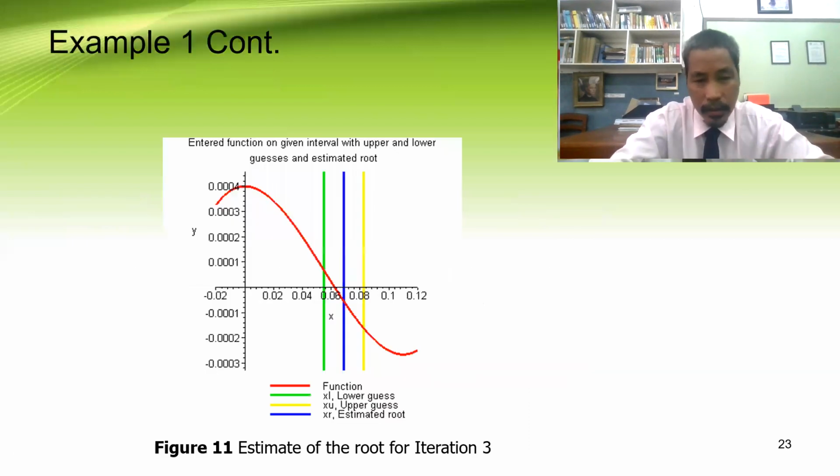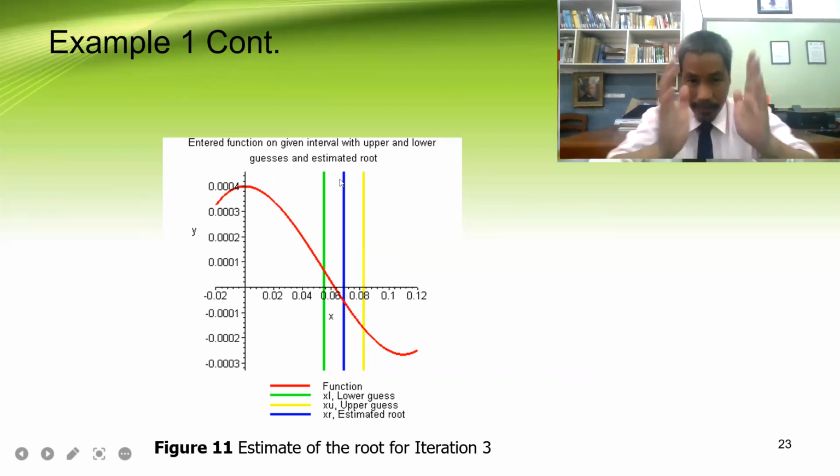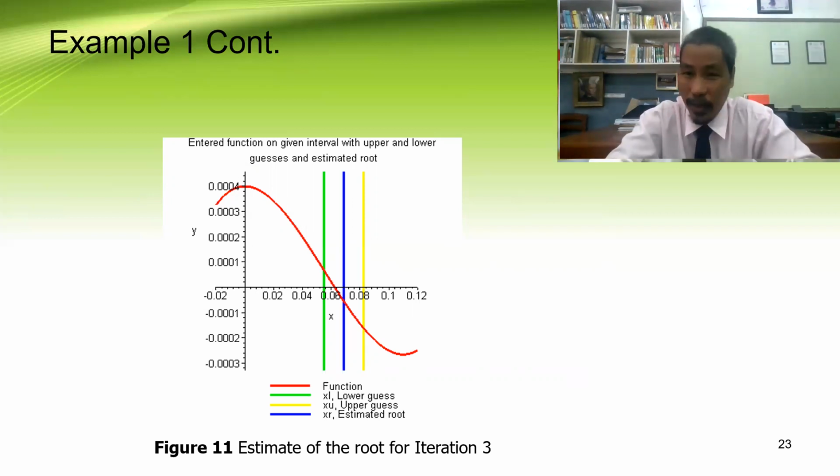Let us look at how it is shown: 0.055 is the green one, and the blue one is the 0.06875. So our root should be between this green and blue one, and that is near the value of the root.